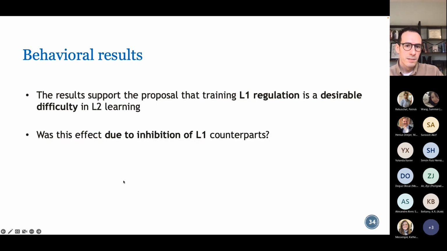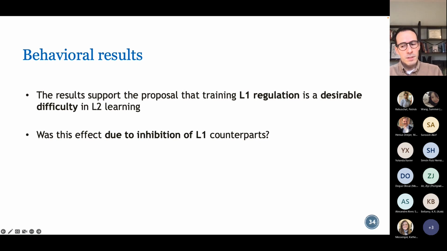And so together, these two types of data support the idea that training L1 regulation and training collocations in conditions that induce competition from the native language might actually pose a desirable difficulty.